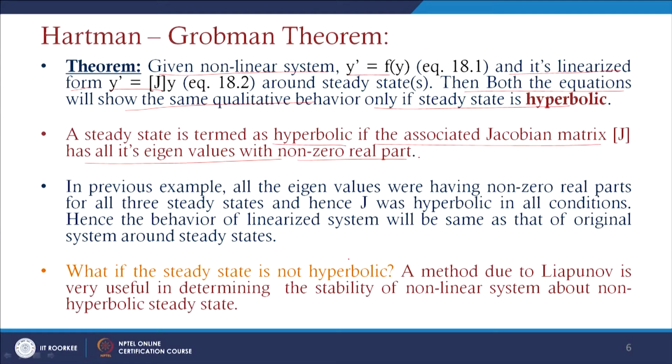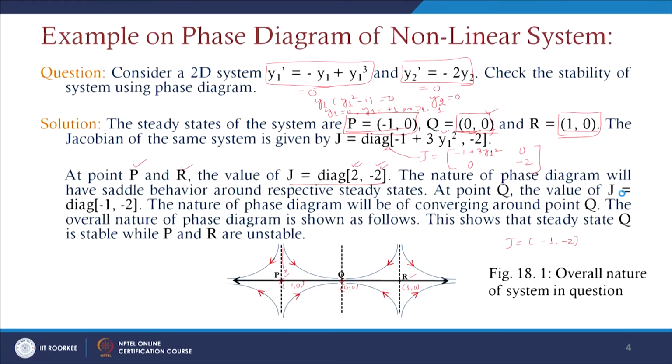So, we need real parts with values other than 0 to say that the state is in the hyperbolic phase. In the previous example, all the eigenvalues had non-zero real parts. This means that the diagonal elements we discussed, 2, minus 2, minus 1, minus 2, all have real parts existing.